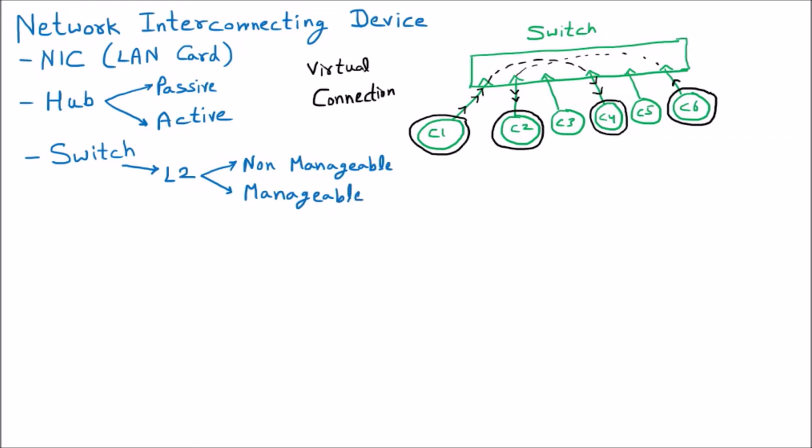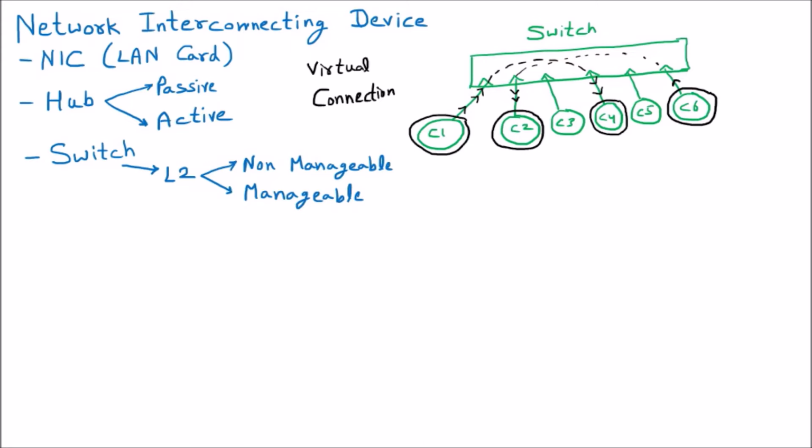If somebody asks you what are the categories of switches, mostly you have to answer non-manageable and manageable. L2, L3, L4 very few people are aware about. Even over the internet, if you are searching, you will find non-manageable and manageable switches. So now we are going to learn what these non-manageable and manageable switches are.